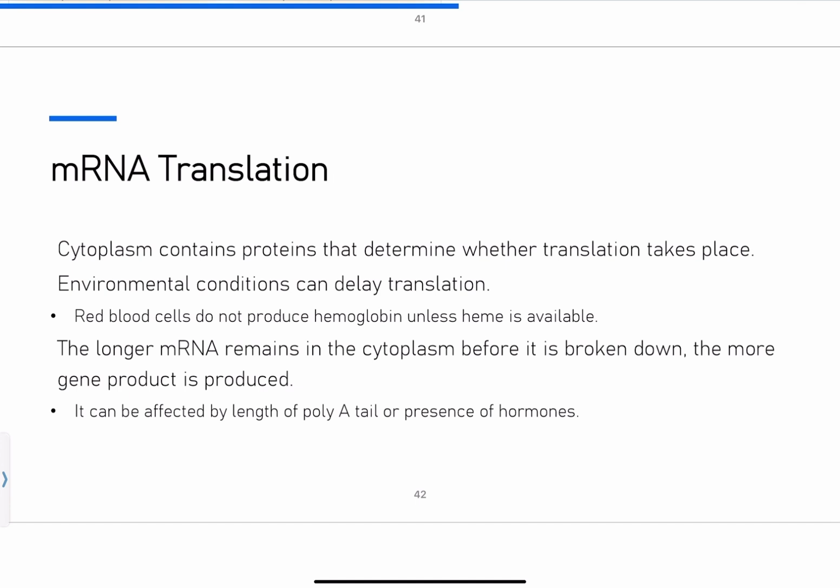Also, the longer an mRNA molecule survives in the cytoplasm, the more protein it can produce. So the stability of the mRNA can be influenced by the length of that poly-A tail that we talked about in the pre-mRNA processing. It can also be influenced by the presence of hormones.